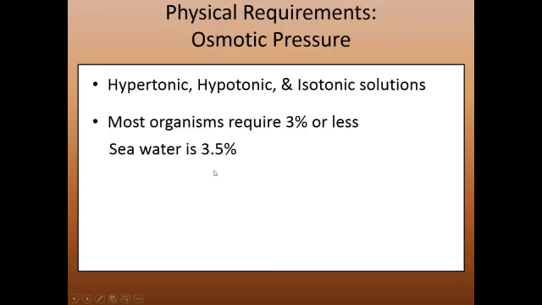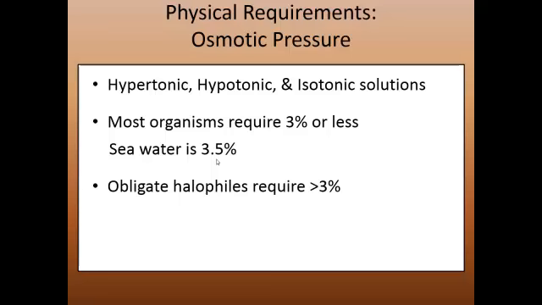Now, seawater is 3.5%, so this is above what most organisms that we are used to culturing can put up with. So we would consider them to be obligate halophiles, anything that requires more than 3% salt to grow in.